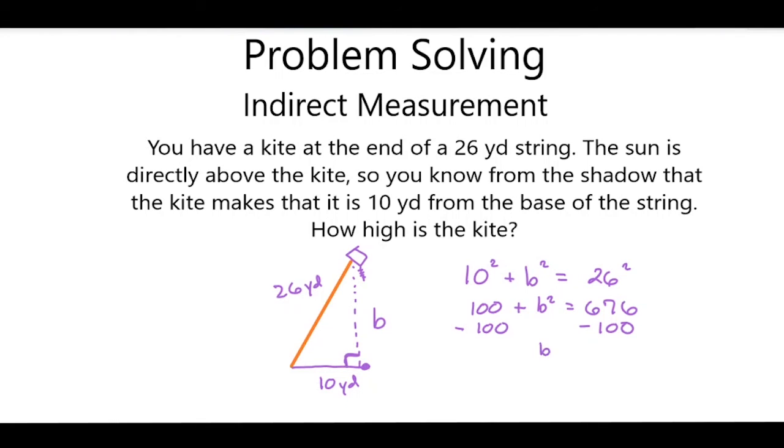And now I have b squared equals 576. And if I take the square root of both sides, b is equal to 24. So b is the height of our kite, so that'll be 24 yards. So the kite is 24 yards high. And that's how you use indirect measurement to solve these problems.